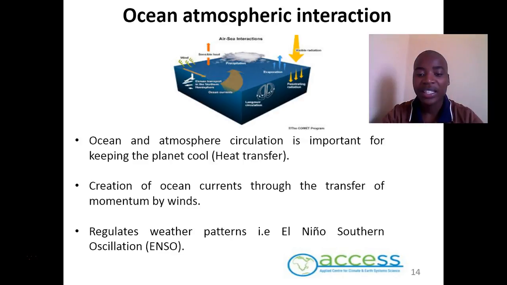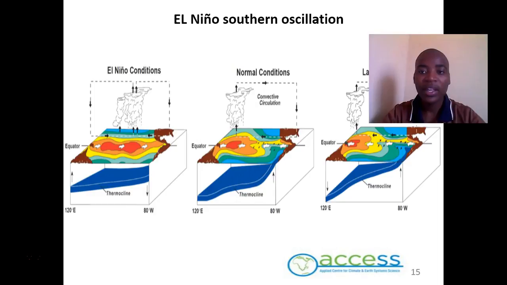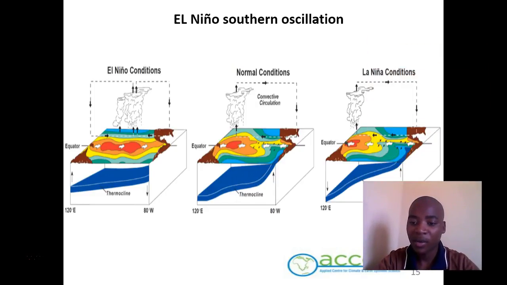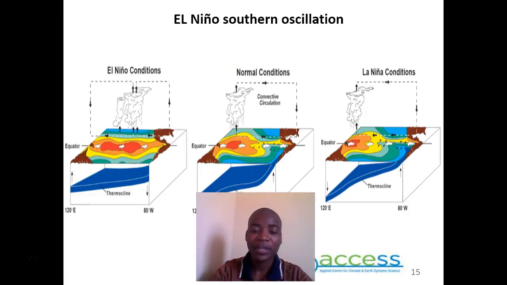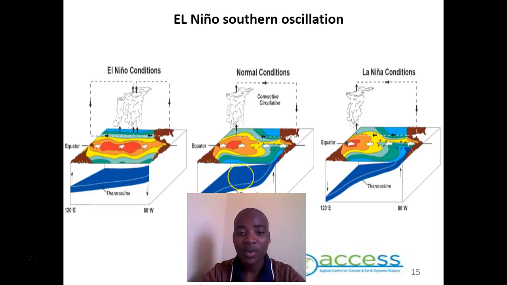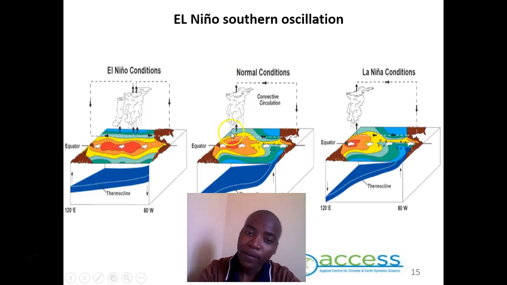That is ENSO, the El Nino Southern Oscillation. Here in South Africa, in 2015, we experienced El Nino, whereby we had water scarcity and drought. In normal conditions it's a convection circulation whereby rain will occur inland.